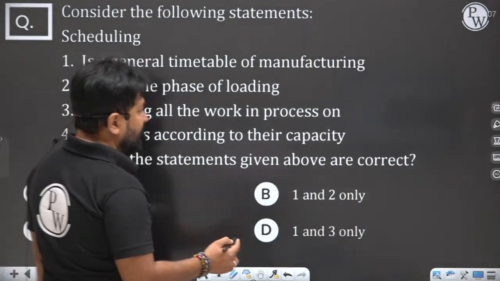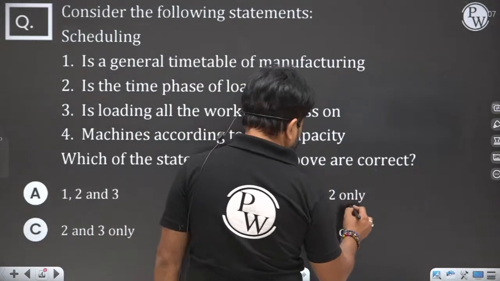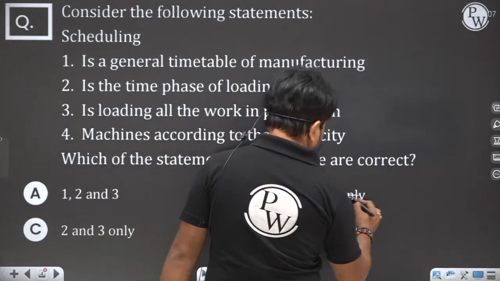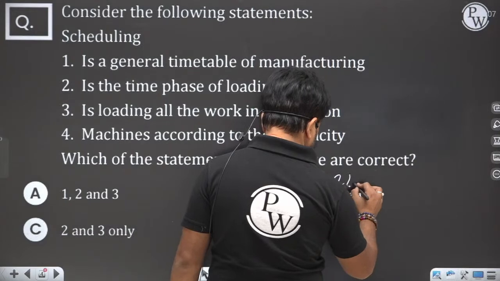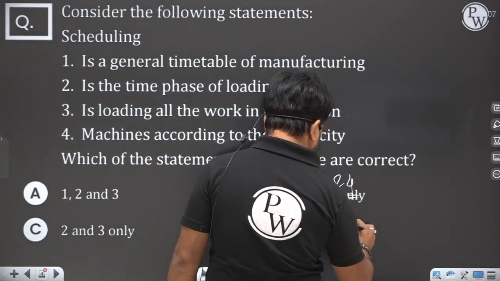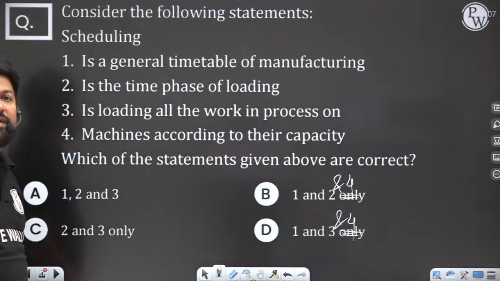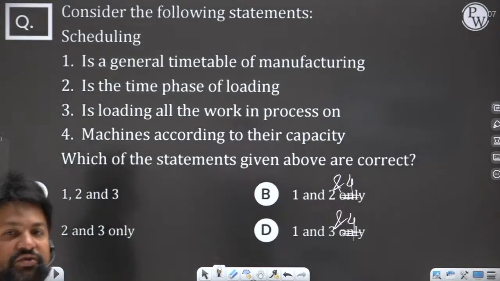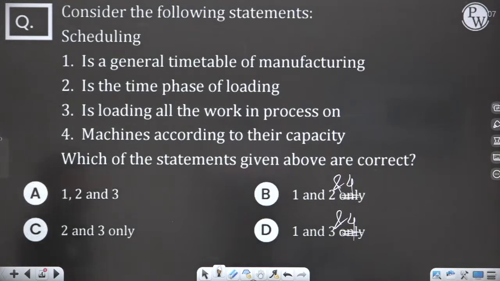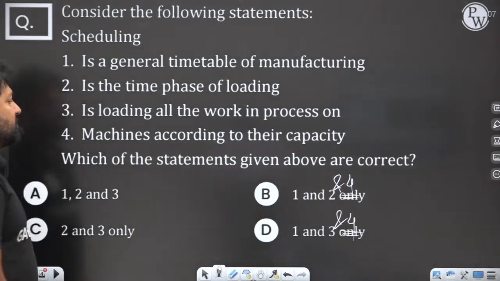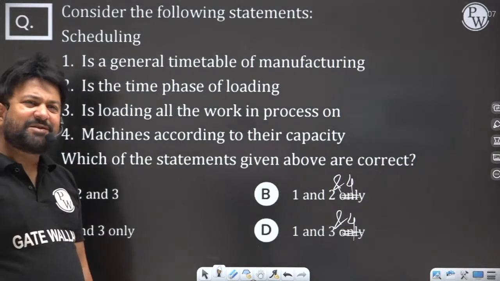Suppose that if I write 1, 2 and 4, or 1, 3 and 4, then tell me which option you will select. Scheduling is what?